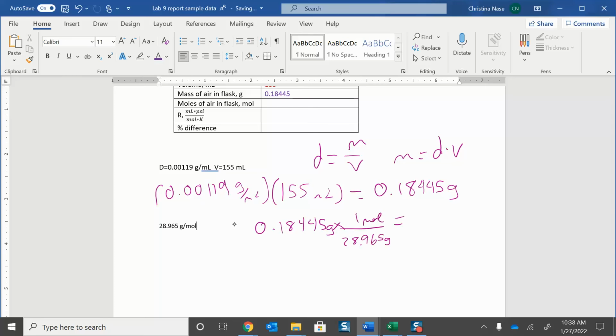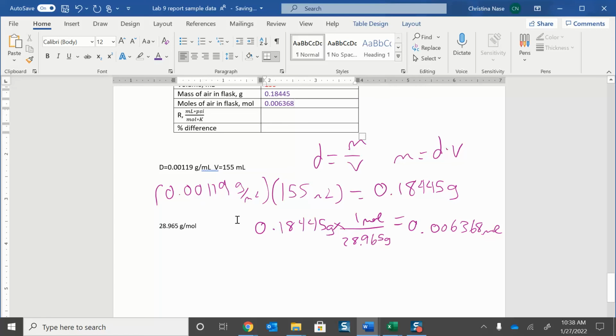When I work that out, that should give me the moles of air, 0.006368 moles. Now I think I have everything I need. I'm going to put that up here, 0.006368 moles. Great.